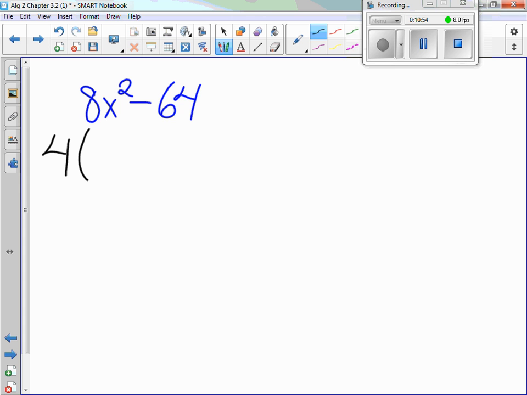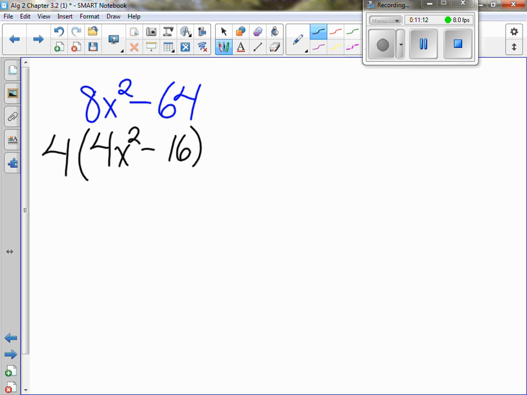I want to try factoring out 4. And let's see what we're left with. We have 4x squared minus 4 goes into 16 once, and then 16, yes?